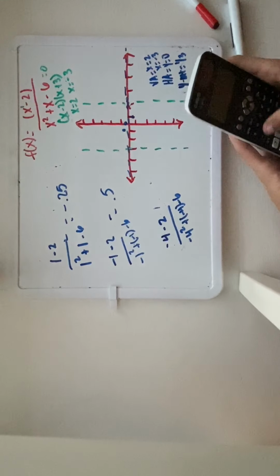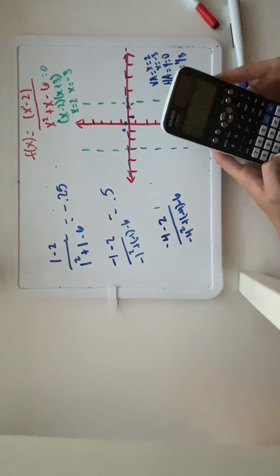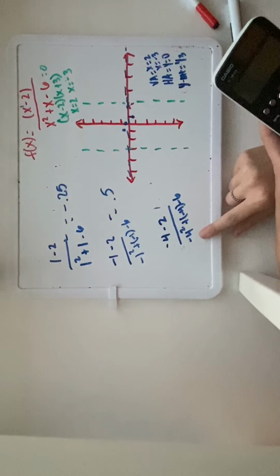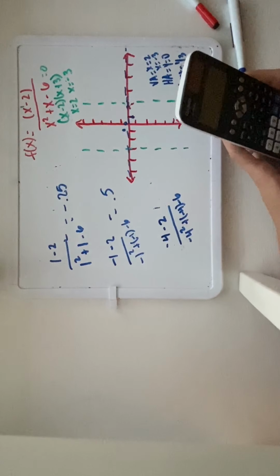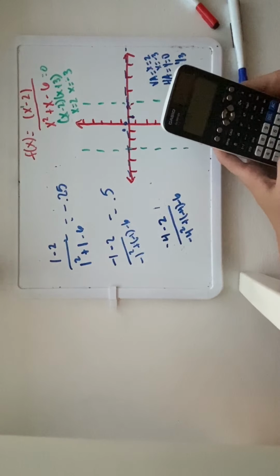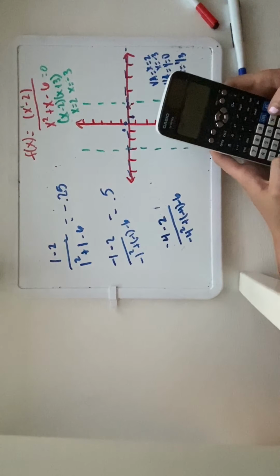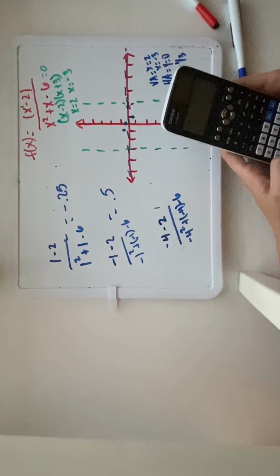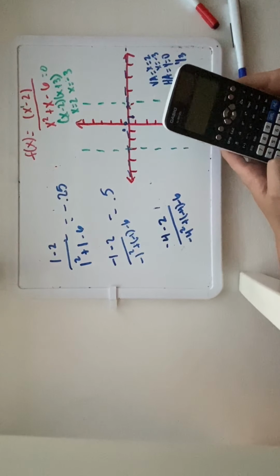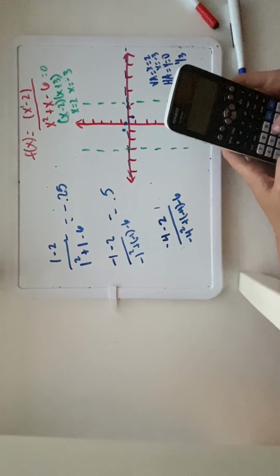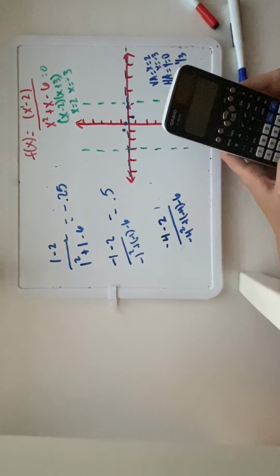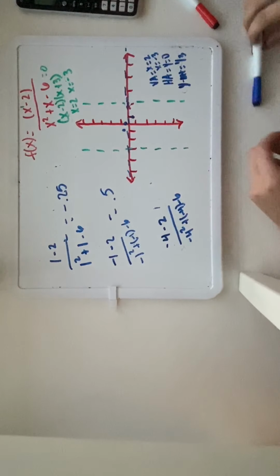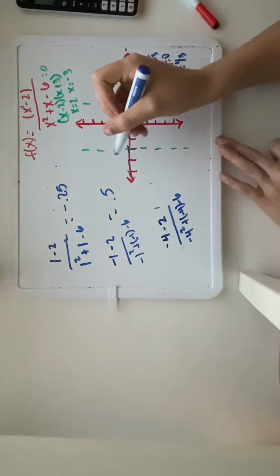So negative 4 minus 2 is negative 6 divided by negative 4 squared, which is 16. 16 minus 4 is 12, minus 6 is just 6. So negative 6 divided by 6 is just negative 1.